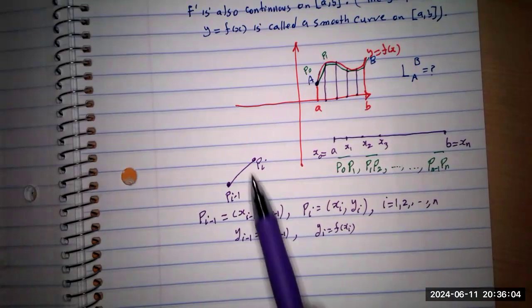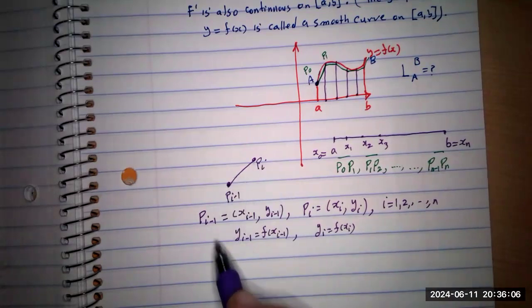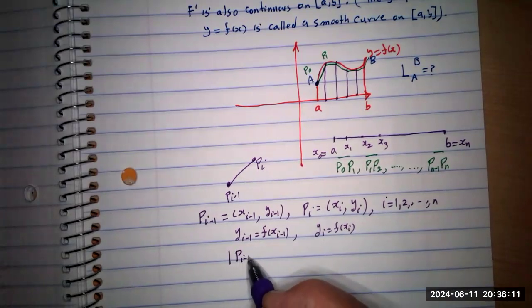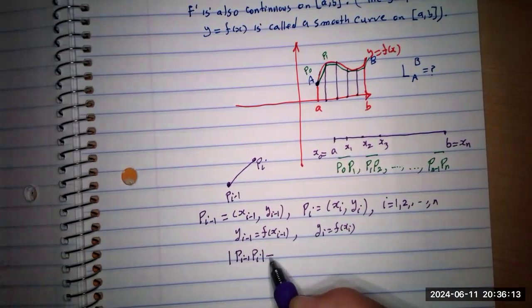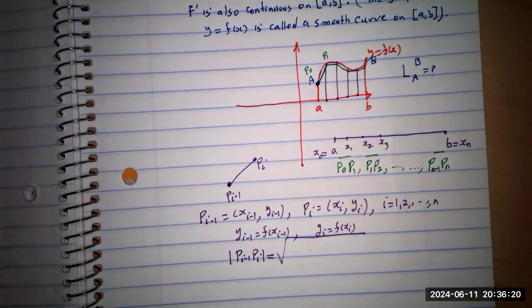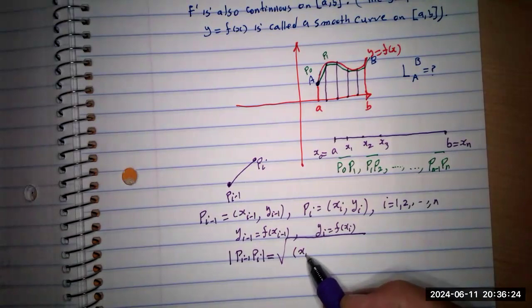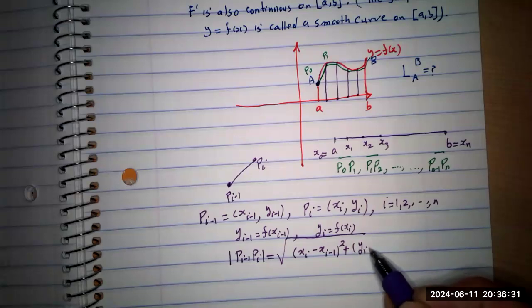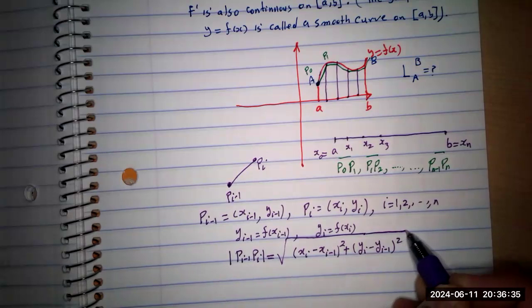So if you want to find the length of the segment between Pi minus 1 and Pi, we're going to use the distance formula. Remember the distance formula from algebra, it's going to be the difference between the x numbers, so it's going to be xi minus xi minus 1 all squared plus yi minus yi minus 1 all squared.